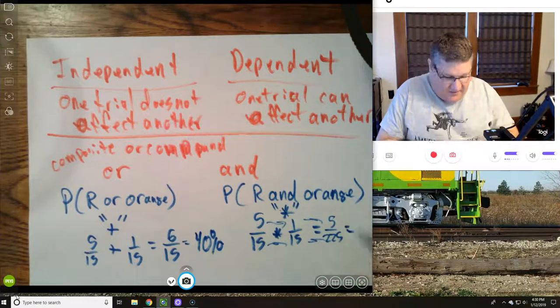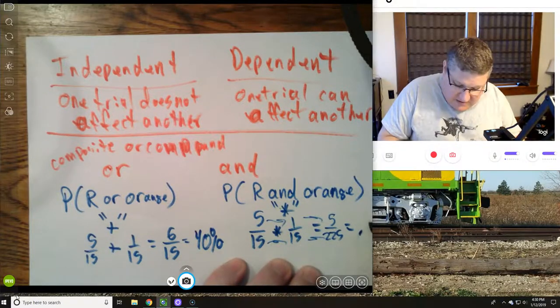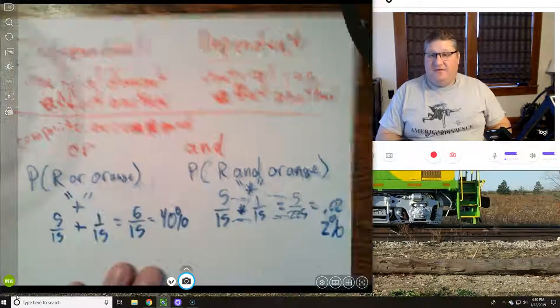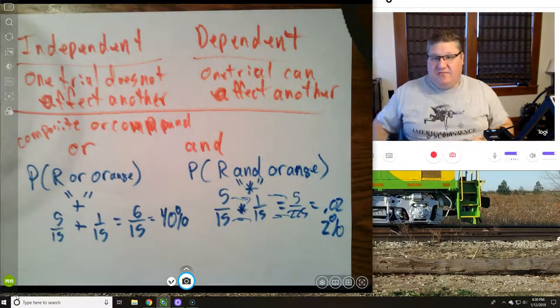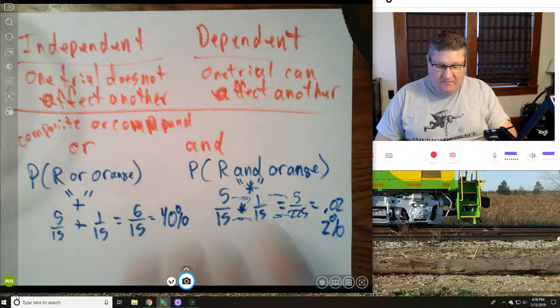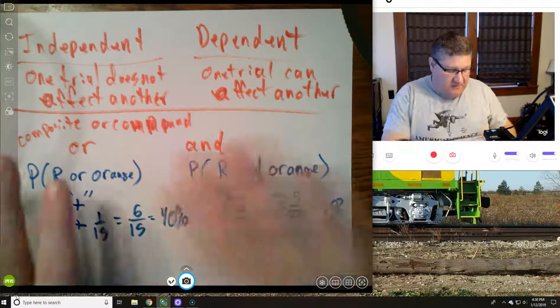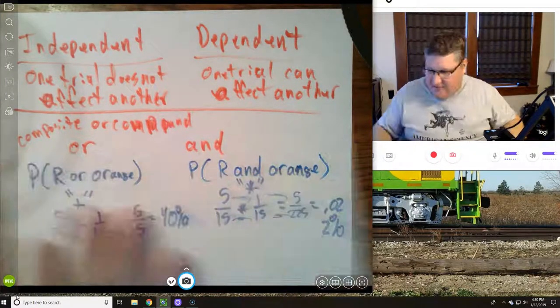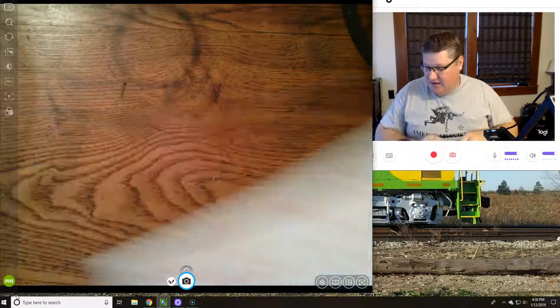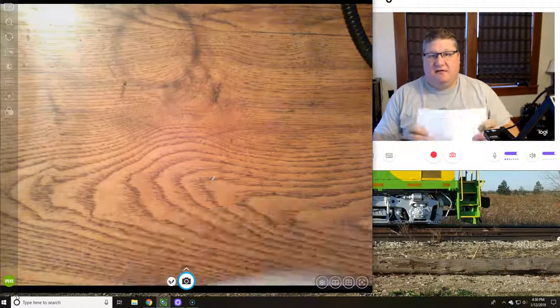That's pretty good. 5 divided by 225 is 0.02, which is 2%. So which one would you rather bet on? What's the probability of winning? I want or, not and. So that's and, or, independent, dependent. Composite, compound means I put two things together, and it has to be done with replacement or it doesn't stay randomized.